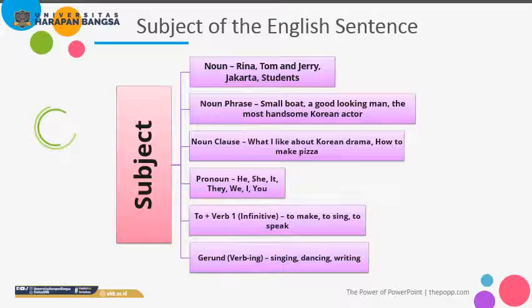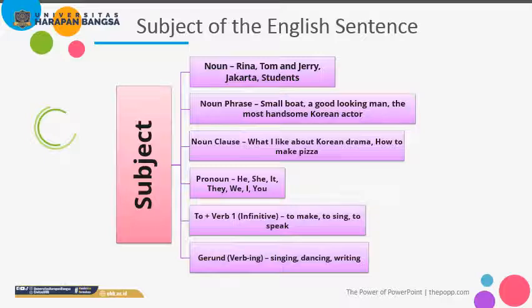Next, to plus verb 1 or to plus infinitive. To plus base form. For example, to make, to sing, to speak. Remember, this doesn't function as the verb, but it functions as the subject of the sentence.